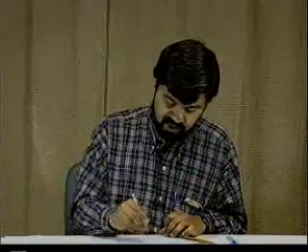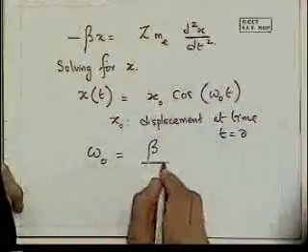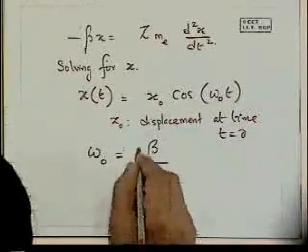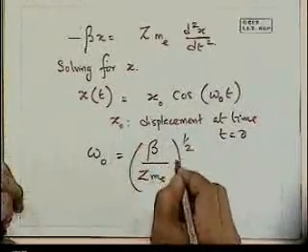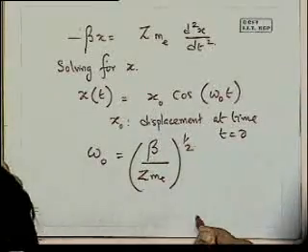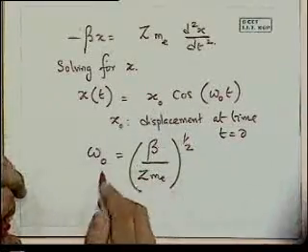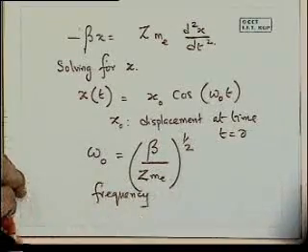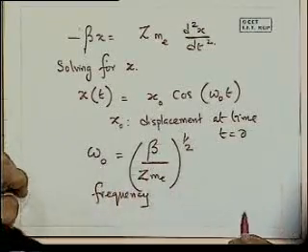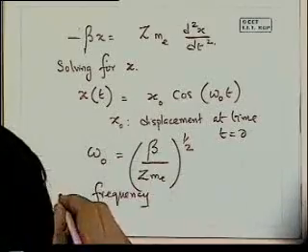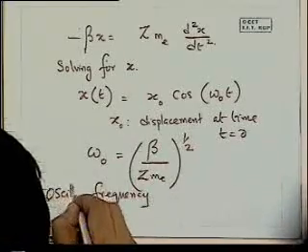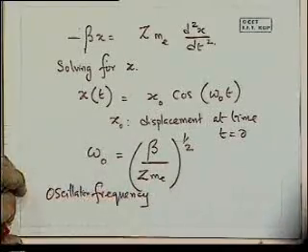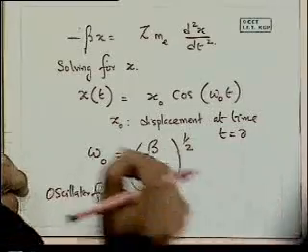Omega naught is a combination of some of the other factors and is given by beta by Z me to the power half. It has the units of frequency. That's why we've used the symbol omega. And basically it is the oscillation frequency of the center of mass of the negative charges.